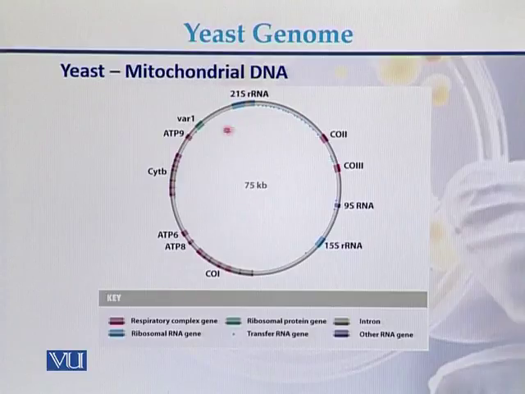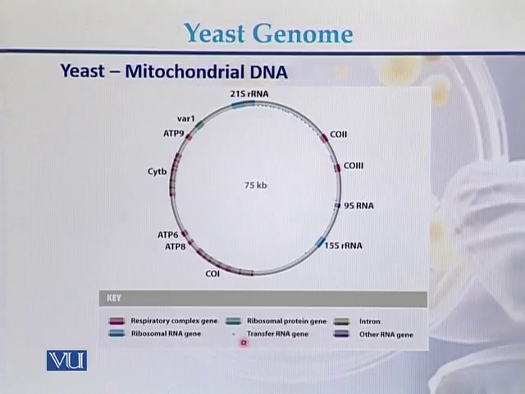We can see that on the mitochondrial DNA of the yeast genome, there are genes for the respiratory complex, genes for the ribosomal protein, and there can be introns. Here we can see the introns, the ribosomal RNA genes, then transfer RNA genes, and some other genes.